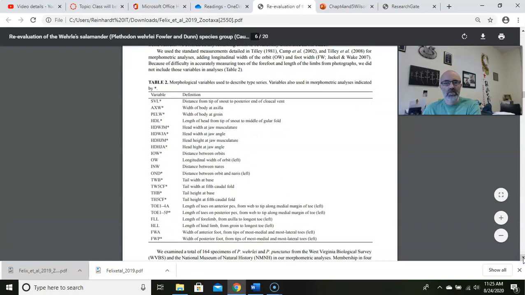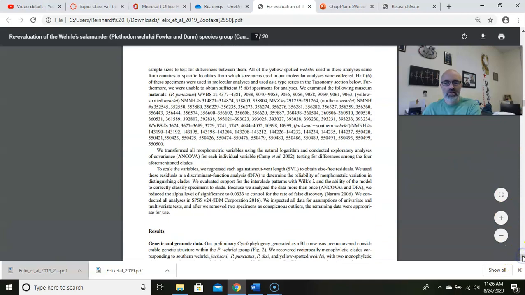This is really similar to the anole lab that many of you did in General Zoo. These are just straight line distances: width of the body, the width of one individual eyeball or orbit, distance between orbits, distance between nostrils, all this suite of variables that we measured. This tells you exactly which specimen.